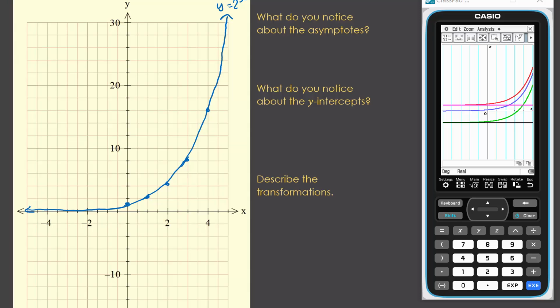Now the 2 to the x plus 5 is the red one. And what I can see has happened here is that the asymptote is now the line y equals 5. The graph has basically moved up. And if I went for the y-intercept on that one, which I can do with a G-Solve and a y-intercept, it offers me the blue one first. I don't want that one.